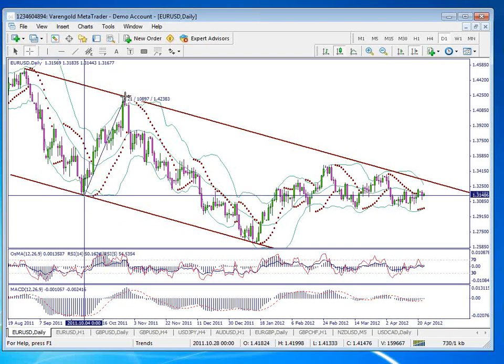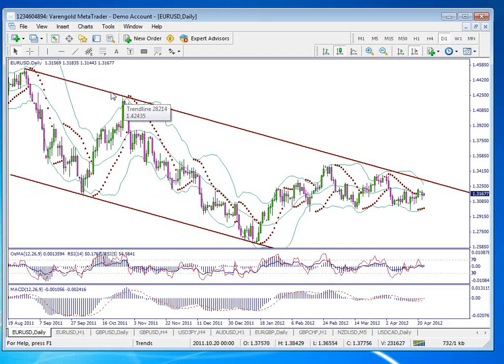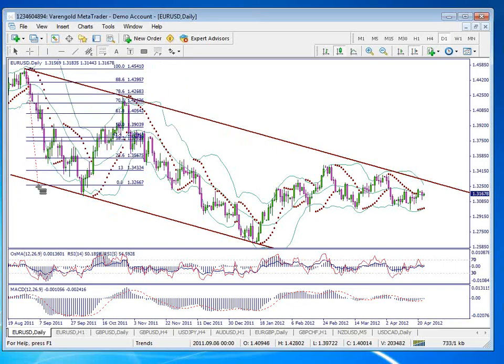1,089 pips. And also, if we want to see how big the retrace of the pair was on the second wave, we can just use Fibonacci to measure it.